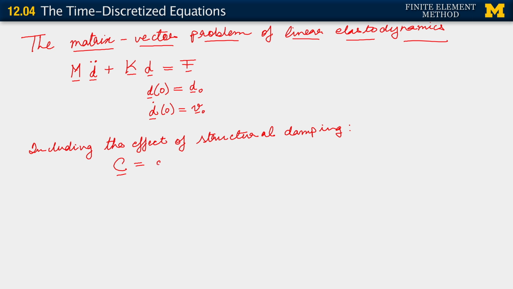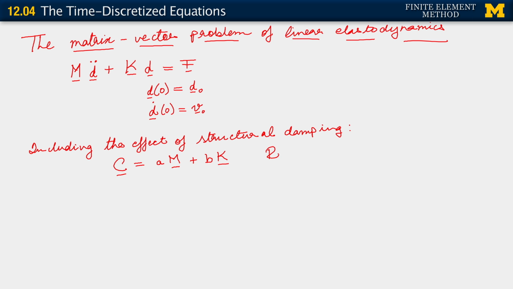And this was done in a very simple, very empirical manner by taking some constant A multiplied with the matrix M plus some other constant B multiplying the matrix K. Just like that, okay? Empirical, but it was found to work, and there are reasons why this works. We don't need to go into those reasons.